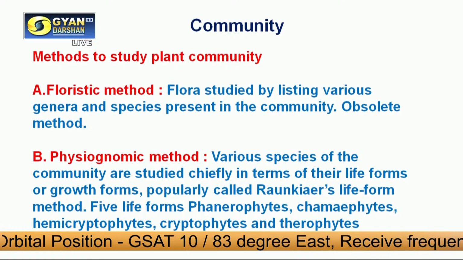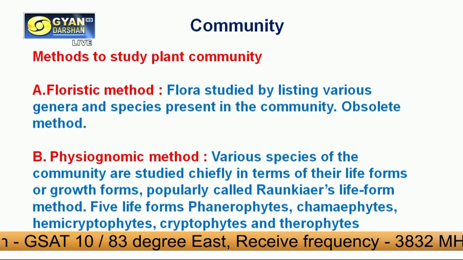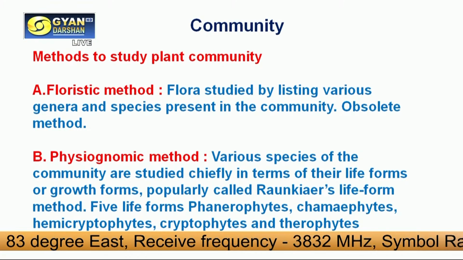Phanerophytes, chamaephytes, hemicryptophytes, cryptophytes, and therophytes. So whatever plant you find, it can be categorized into any one of these 5 classes. We will discuss the characteristics of each of these life forms in short.